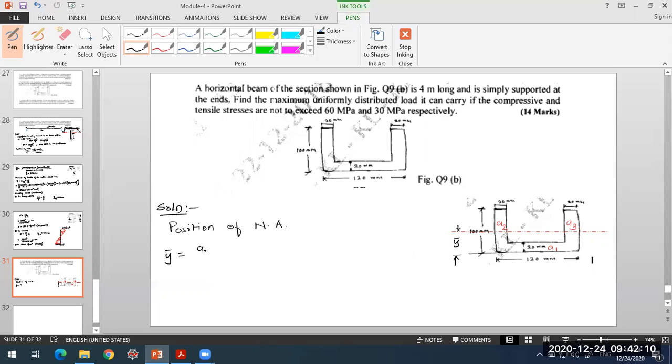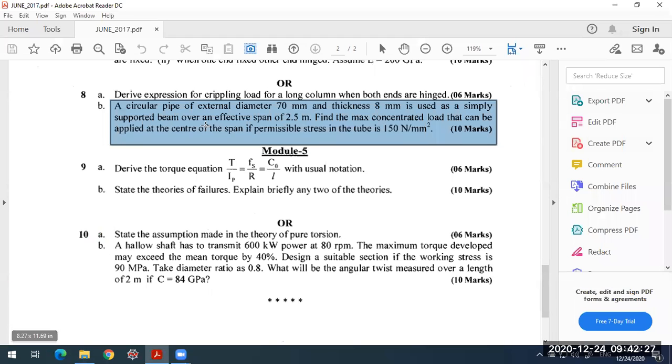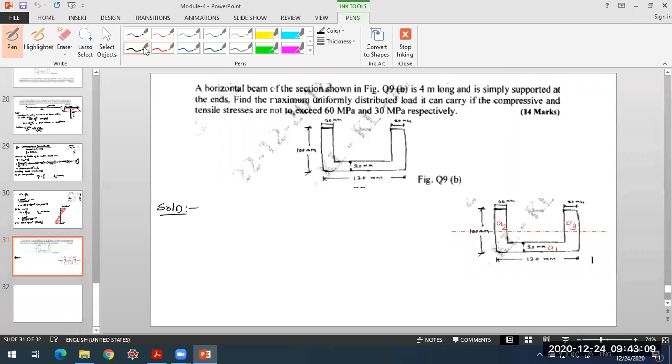So y bar in this case will be a1 y1 bar plus a2 y2 bar plus a3 y3 bar, this whole thing divided by A1 plus A2 plus A3.